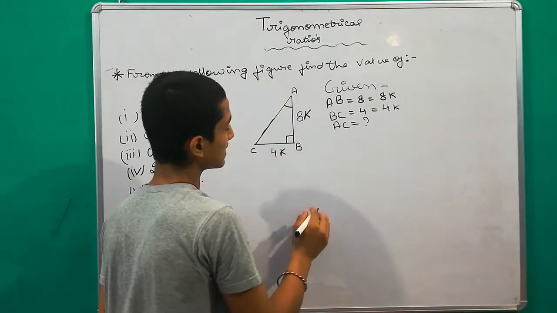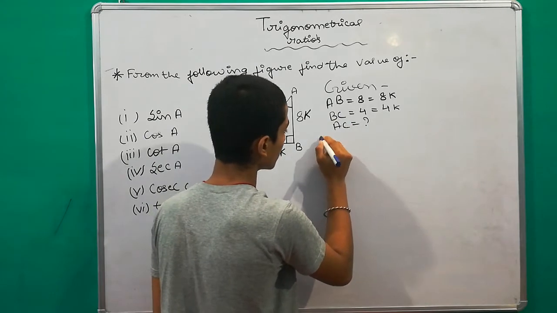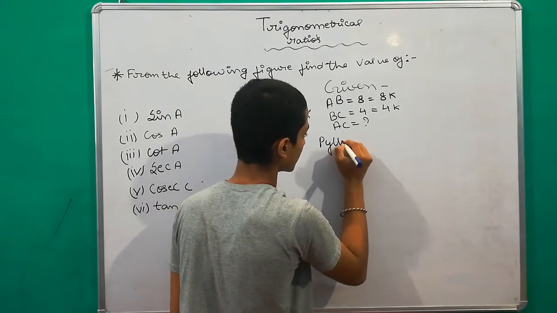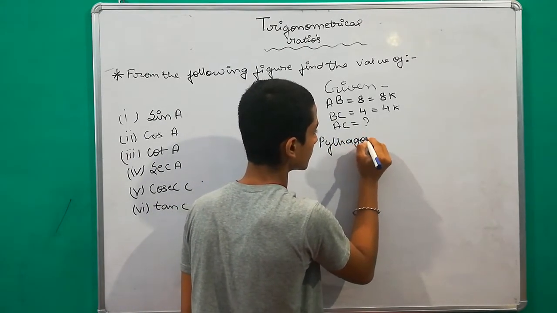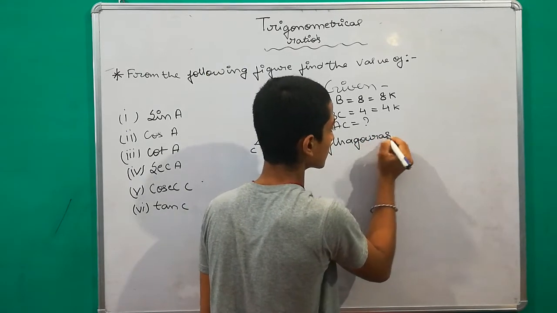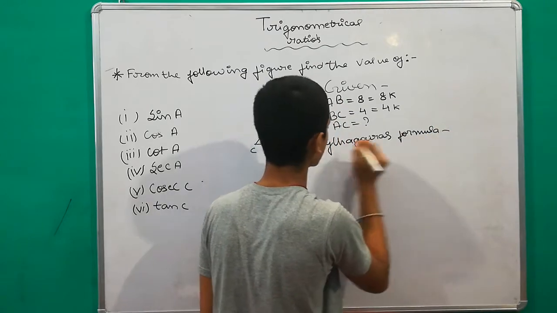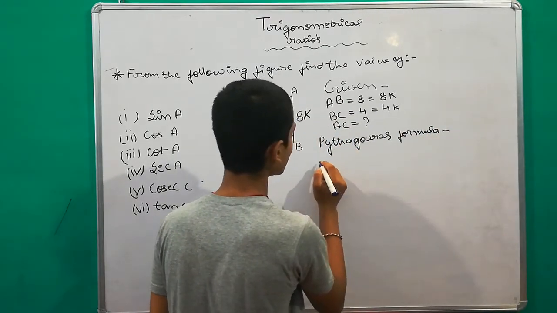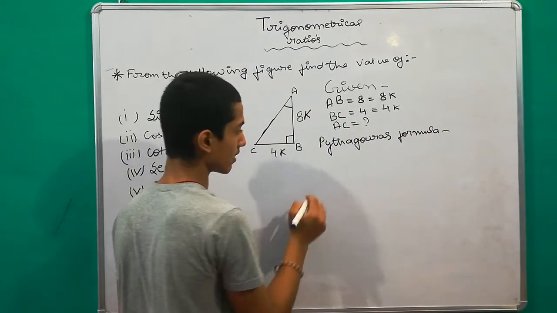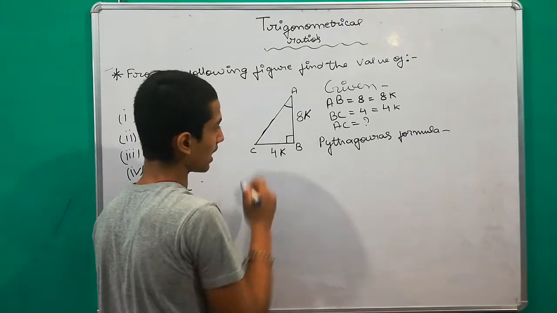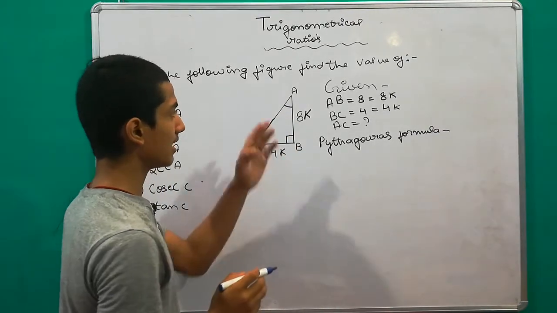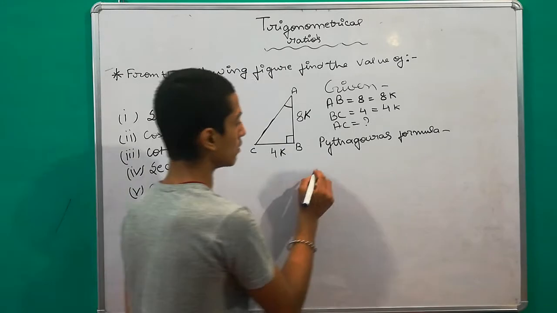So to find AC we will use the Pythagoras formula. The Pythagoras formula is h square equals p square plus b square, where h stands for hypotenuse, b stands for base, and p stands for perpendicular.